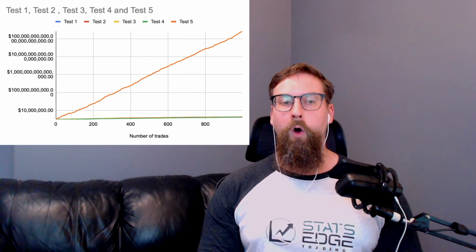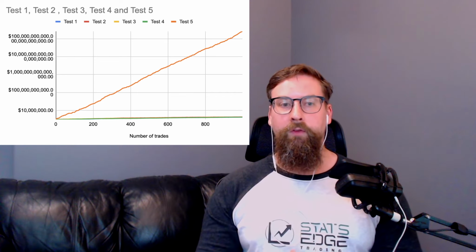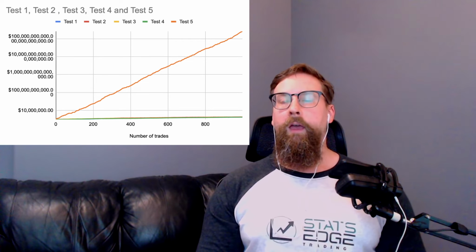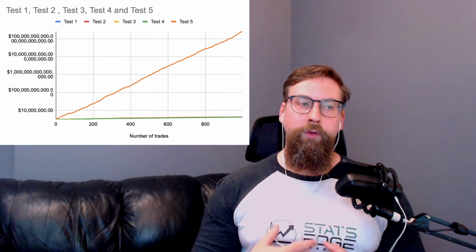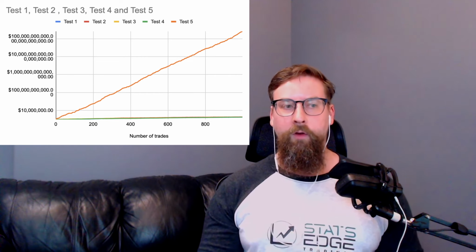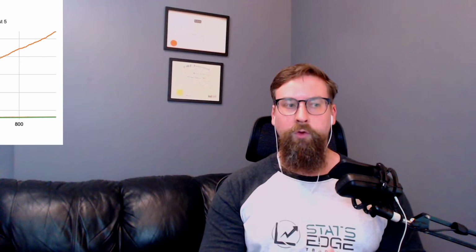One, you always keep a constant percentage risk. I've mentored a lot of traders, and I have Stats Edge Pro, where I talk to traders daily and they get to look over my shoulders while I make trading decisions.